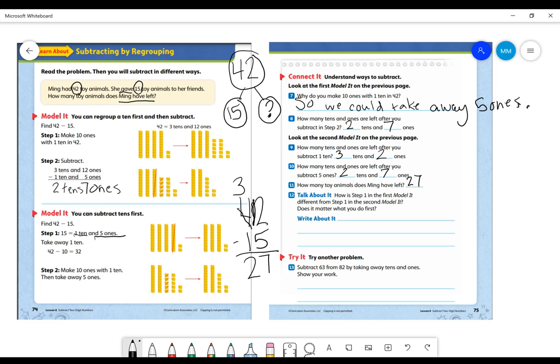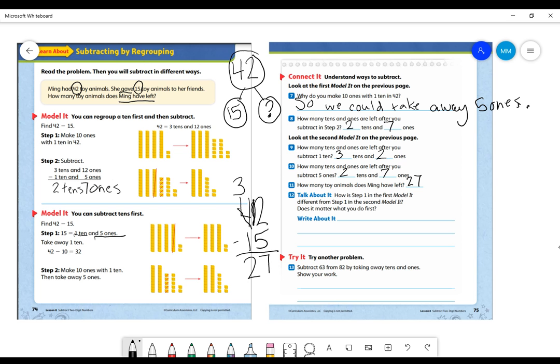Now it wants us to talk about it. How is step 1 in the first model different from step 1 in the second model? Doesn't matter what you do first. Now I'm going to let you guys write this because Miss Mason explained it over here, right? So how it was different is we started by changing a 10 to ones.